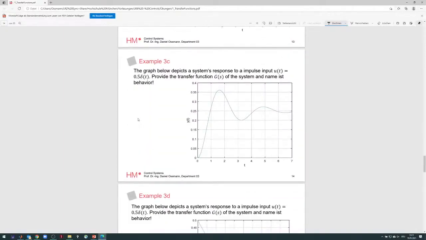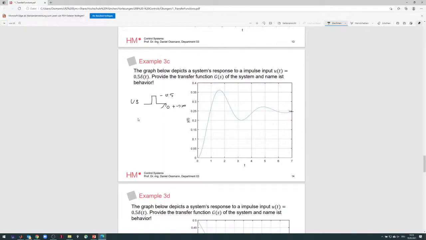Okay, so what do we have here? An impulse, right? So our input looks like this, and it's 0.5. Okay, so this input goes to 0 for t going to infinity, right?